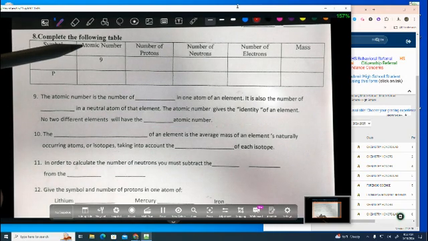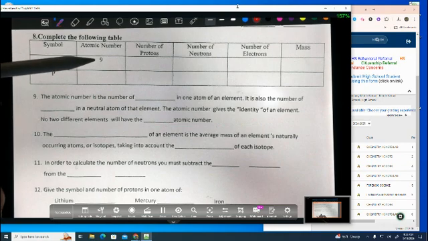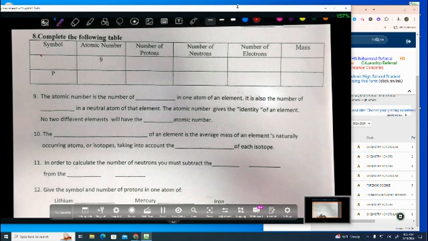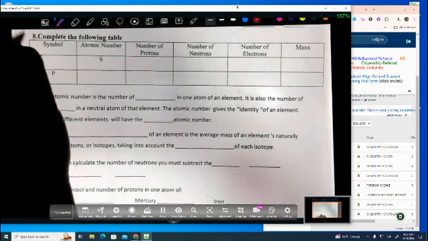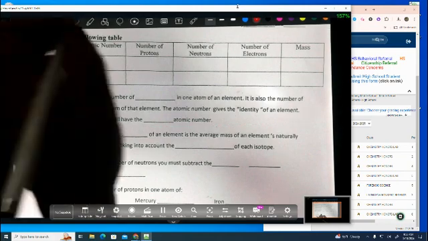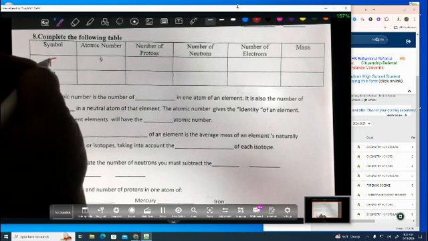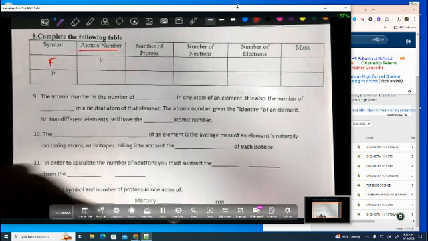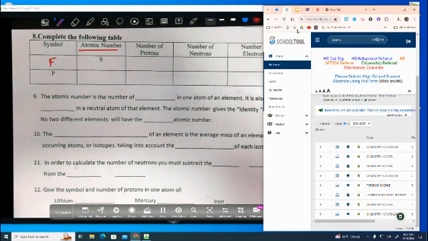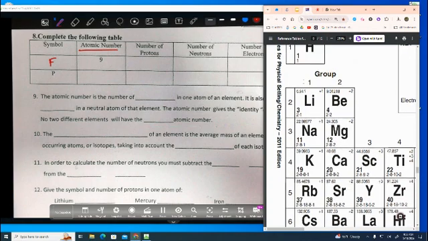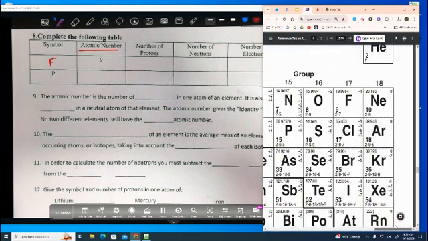We have something that has an atomic number of 9. If its atomic number is 9, what is its symbol, and how did you know that's its symbol, Will? Fluorine. I knew it was F because I looked at the periodic table at number 9. That's what I would do. The atomic number, let's go over here and grab the periodic table.